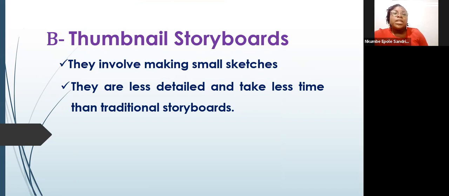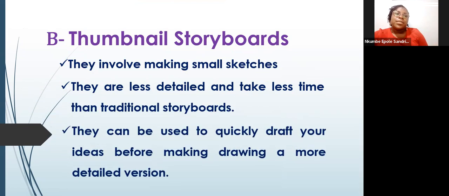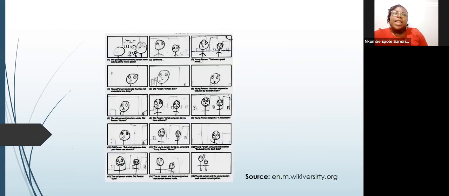It is really different from a traditional storyboard because it takes less time since we just have to put images together. They can also be used to draft quickly our ideas before making drawings or in a more detailed version. And this is an example of our thumbnail storyboard.